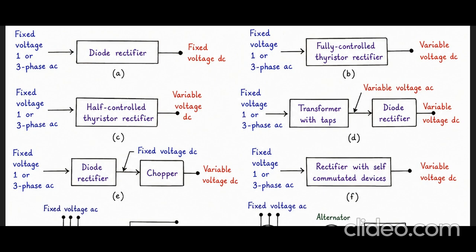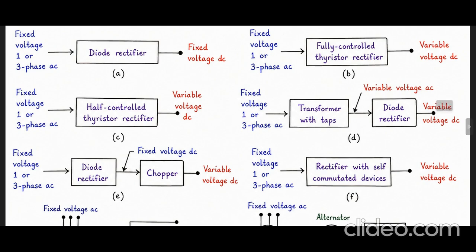By changing the firing angle of the thyristors, we can obtain a variable DC voltage. The half controlled thyristor rectifier works in a similar way, but it uses both diodes and thyristors. Another method is to use a transformer with taps before the rectifier. Changing the taps changes the AC voltage, which in turn changes the DC output voltage.